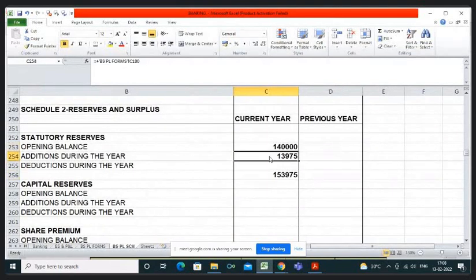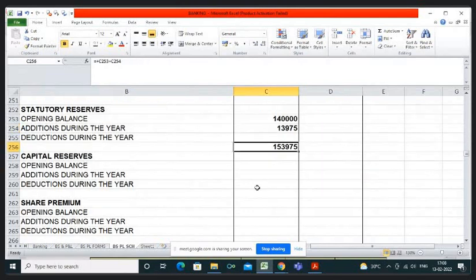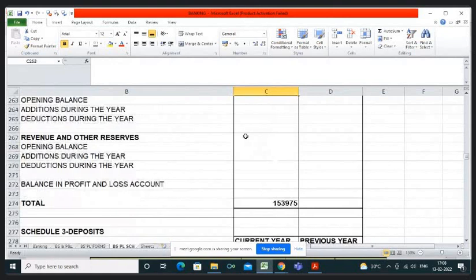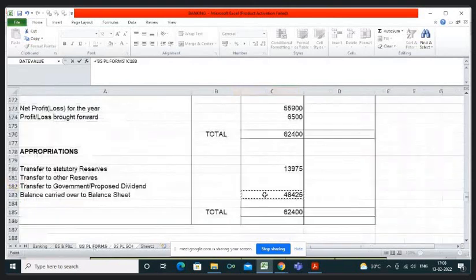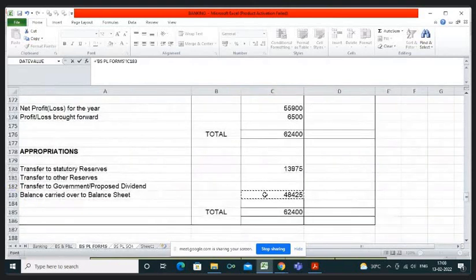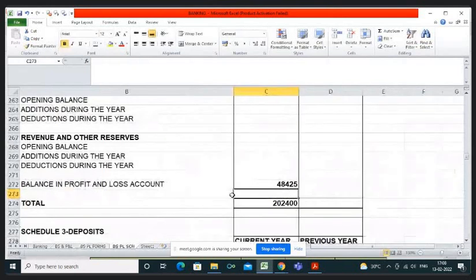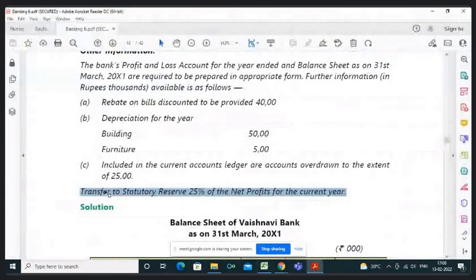Opening balance plus additions. This will be the closing balance. Capital reserves I don't have. Share premium I don't have. Revenue and other reserves I don't have. But I have a balance in the profit and loss account. I will link it here. Balance carried over to balance sheet 48,425. So now this adjustment is also done and my profit and loss account is done.